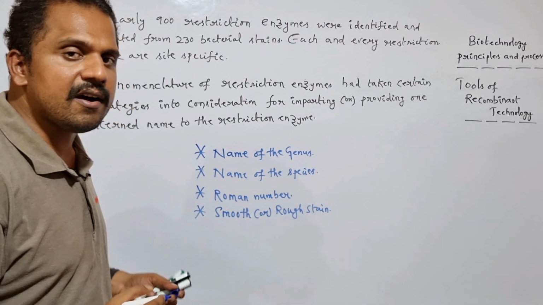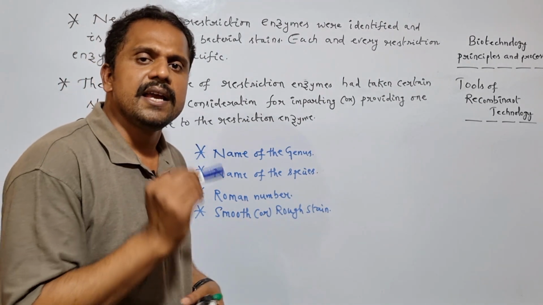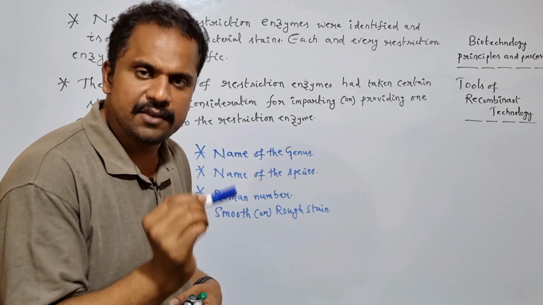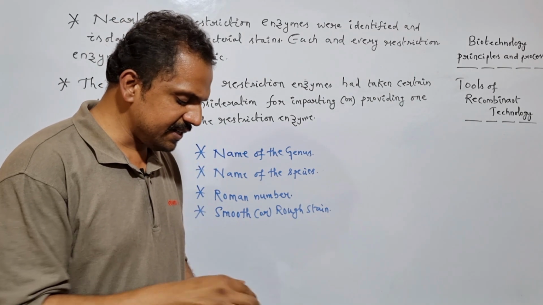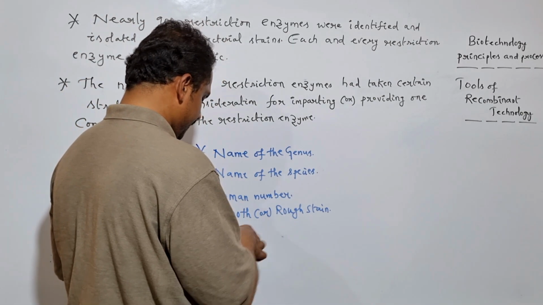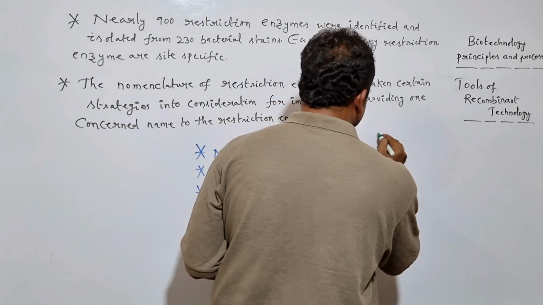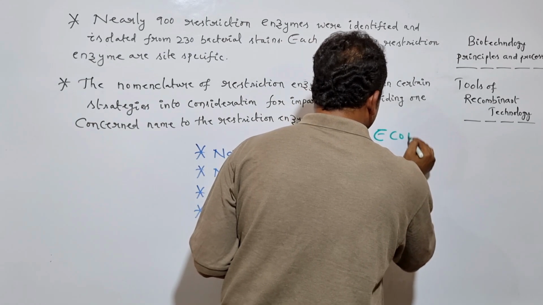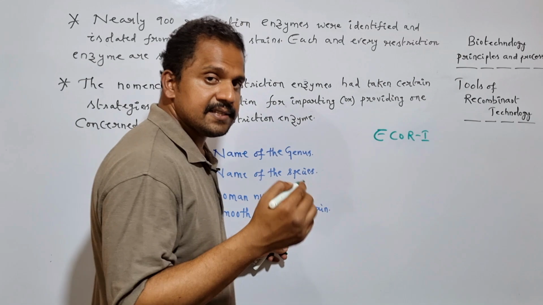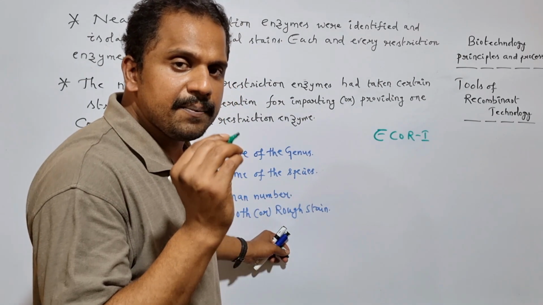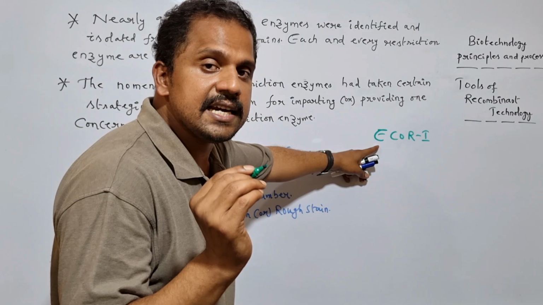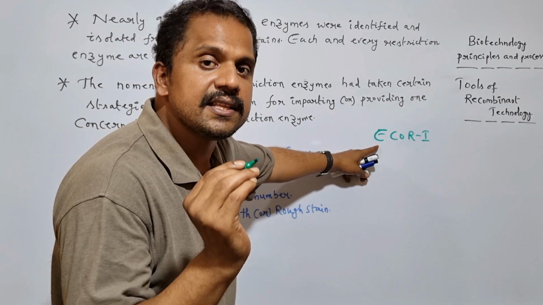So in order to understand this particular concept, we can take one common example which is mentioned in your NCERT textbook. If we consider EcoRI, so let me write it here, EcoRI. In case of EcoRI, which is the concerned restriction enzyme, E stands for Escherichia, which is nothing but the genus name.